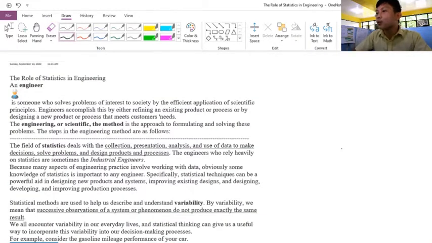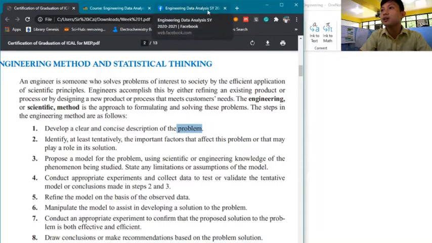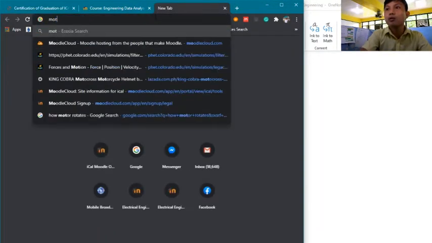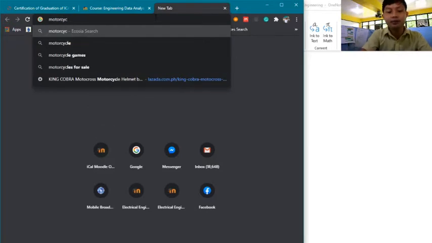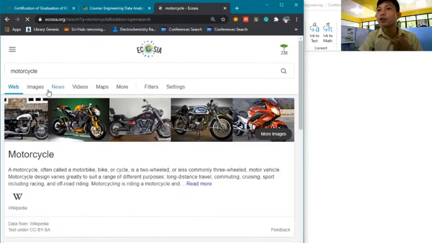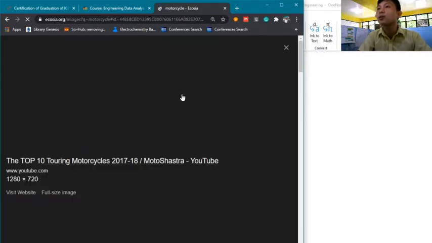For example, meron tayong motorcycle. Kahit nakikita niyo yung motorcycle dito.